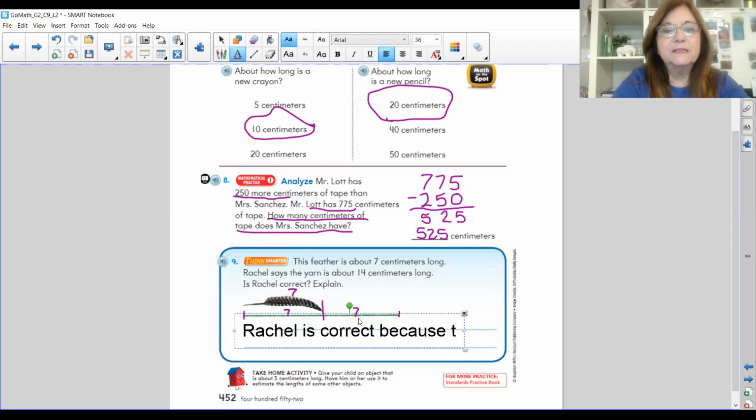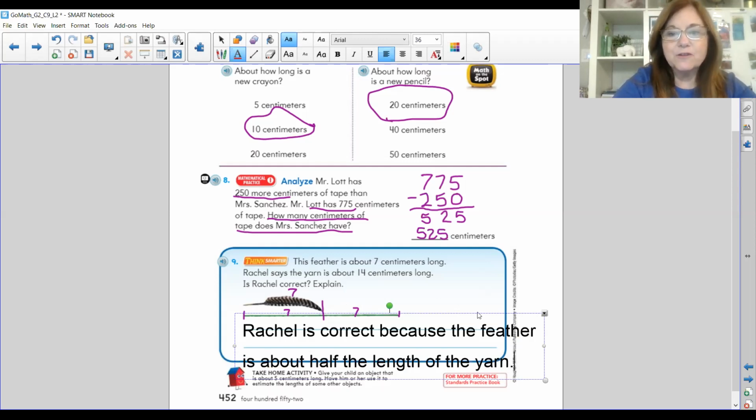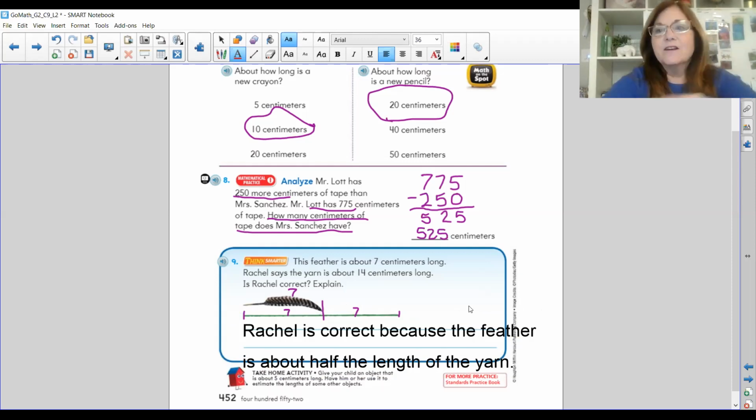Rachel is correct because the feather is about half the length of the yarn. Okay, that's a quick answer and a good answer for us.